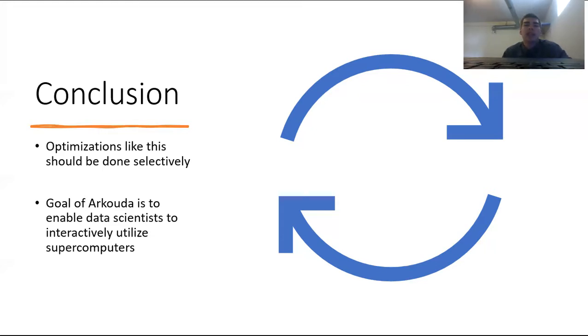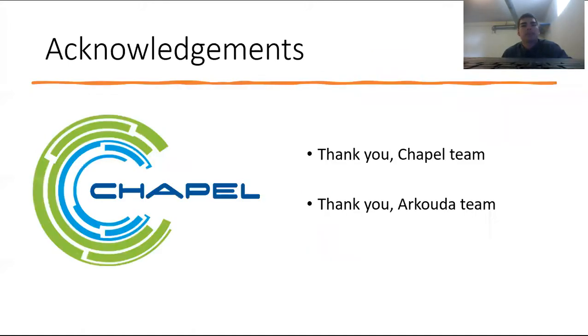And what that means is keeping the flexibility in the hands of the client-side user and not trying to do everything on the server just for a little bit of performance improvement. And I don't think that thinking is really a concern for the core developers of Arkouda, but it wasn't something that was immediately clear to me. And I think it was a good lesson learned from this project.